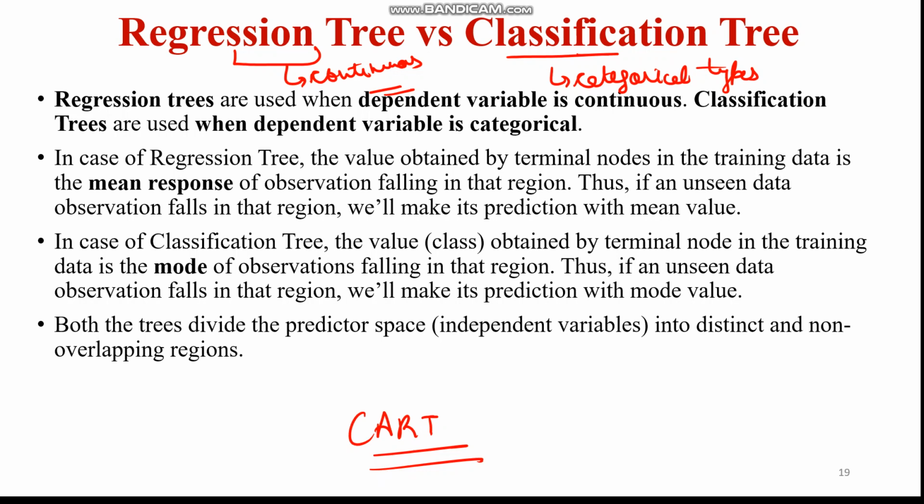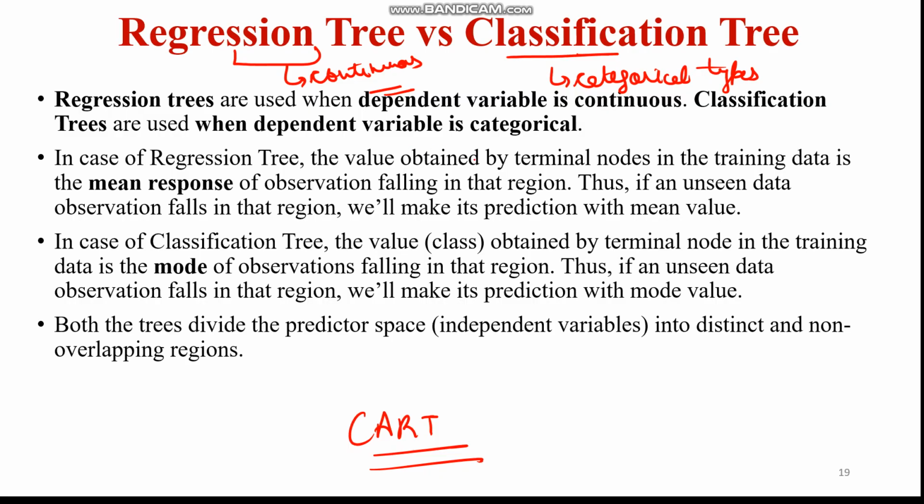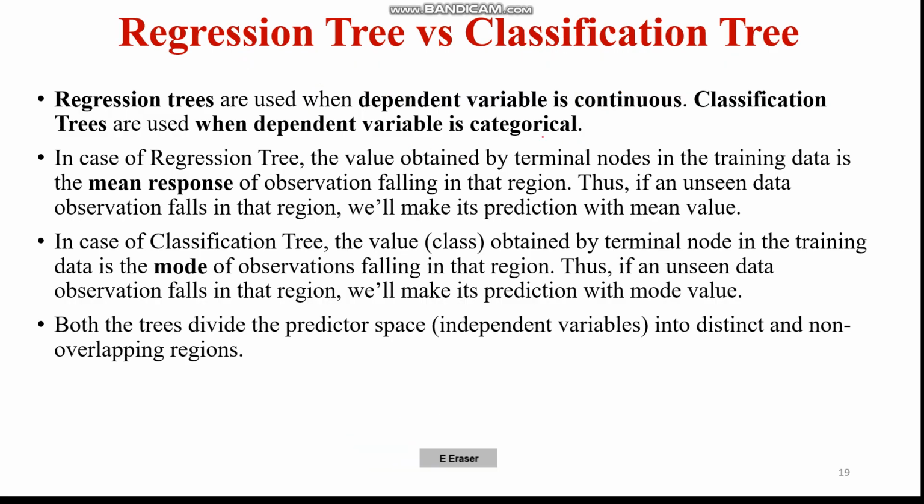Talking about the difference between these two, regression trees are used when the dependent variable is continuous, and classification trees are used when the dependent variable is categorical. In a regression tree, the result is presented at the terminal or leaf node.